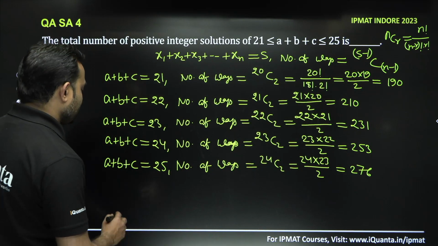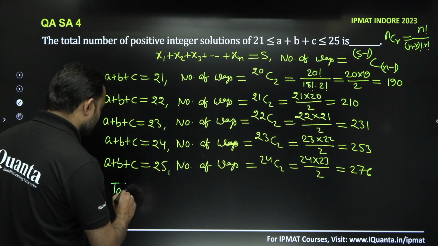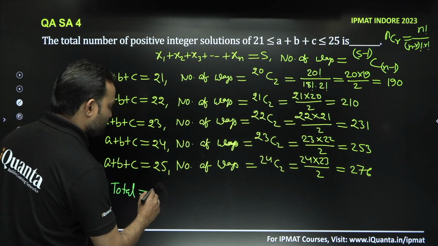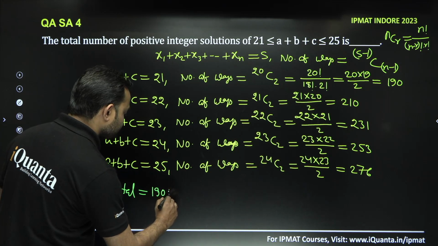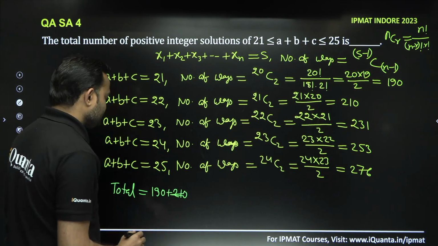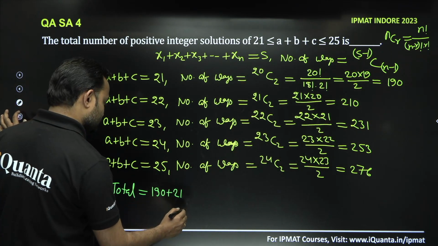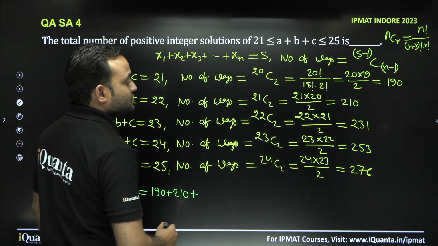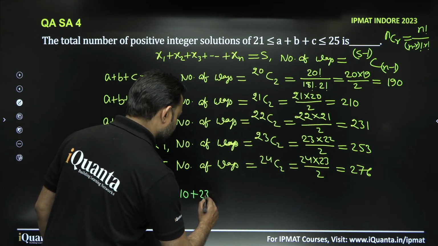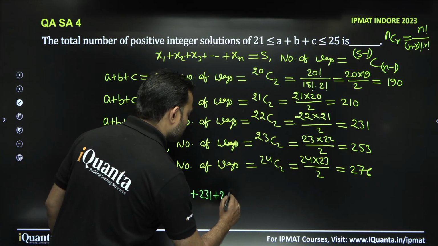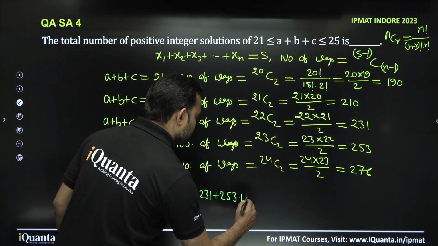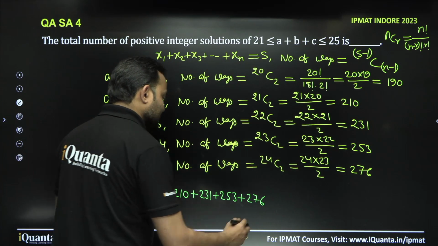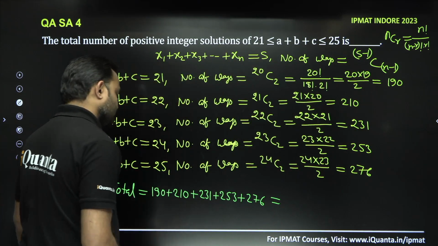Question is total number of solutions. So what will be the total number of positive integral solutions? So this will be 190 plus 210 plus 231 plus 253 plus 276, है ना? So in that case this total will be कितना हो जाएगा?